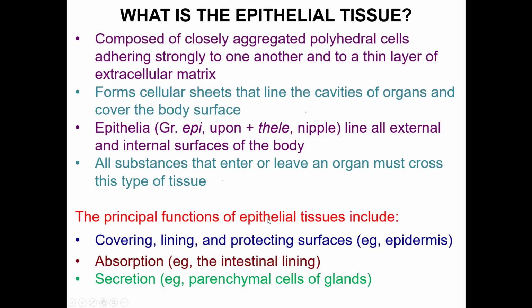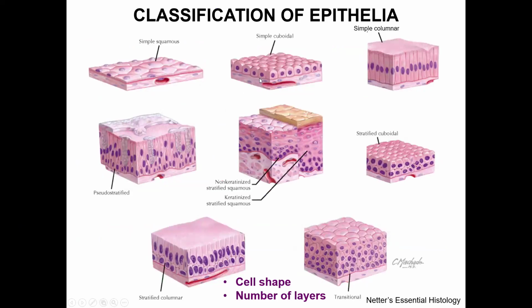The principal functions of epithelial tissues include covering, lining, and protecting surfaces. One example is that of the epidermis, the outer part of the integument. Absorption, like the intestinal lining, and secretion, the parenchymal cells of the glands. This is a slide I will try to go through as fast as I can because it describes the different types of epithelia.